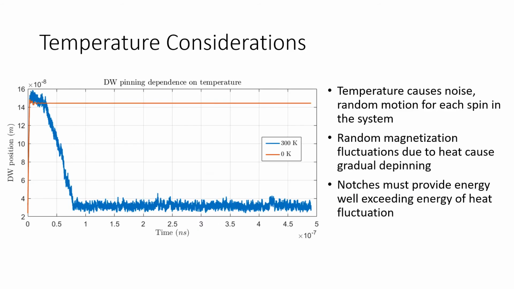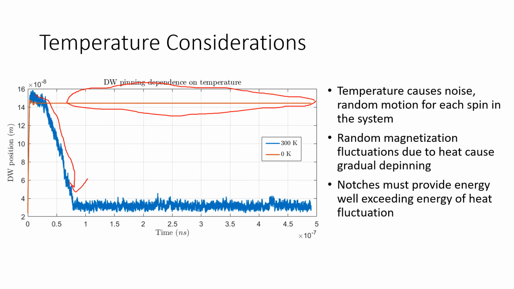Now, the last thing I want to draw attention to is that all of those micromagnetic simulations were done at 0 temperature. So I also wanted to test what would happen if I introduced room temperature at 300 Kelvin. As you can see, at 0 Kelvin with notches, the domain wall pins, but at 300 Kelvin, it quickly decays.